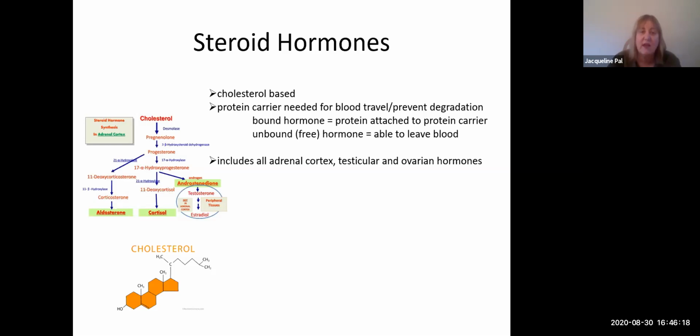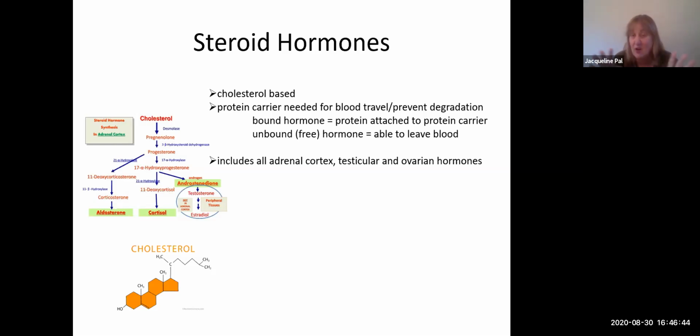In the middle zone, we have cortisol, which is a glucocorticoid. And the innermost part of the adrenal cortex is where we have our sex hormones produced, specifically androstenedione.